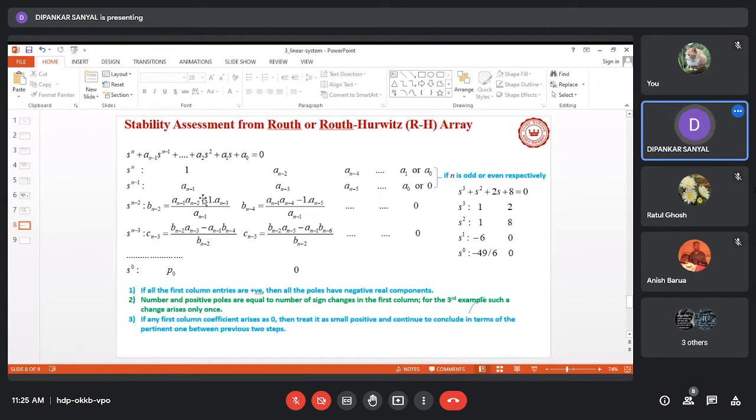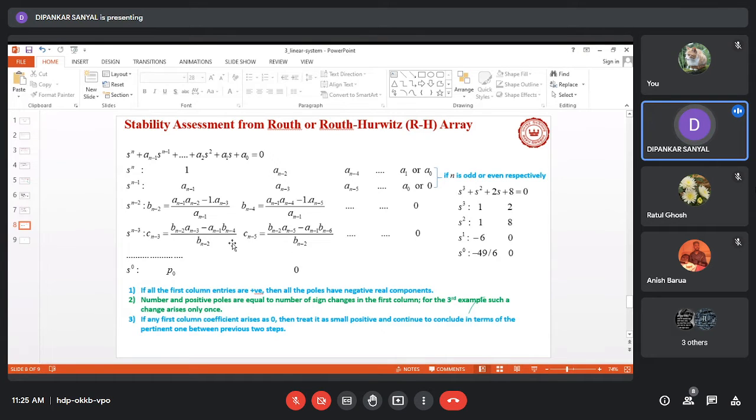Once we complete this row, then for the subsequent row, similar exercise will be repeated. So if we clearly see, this coefficient is this into this minus this into this divided by this, and this coefficient is this into this minus this into this divided by this term.